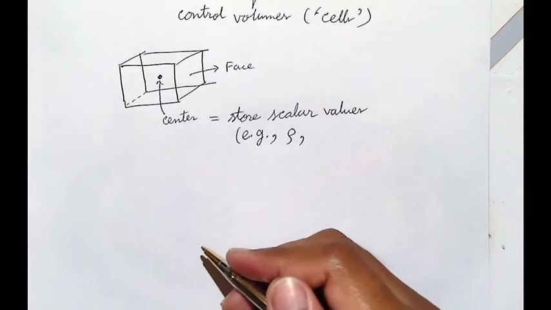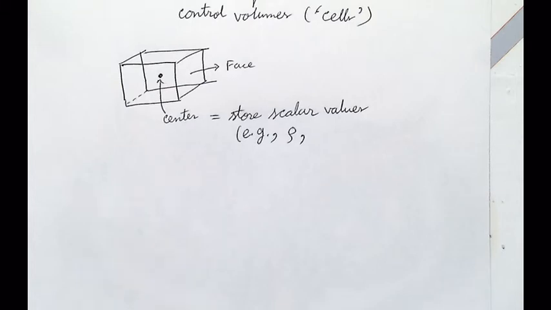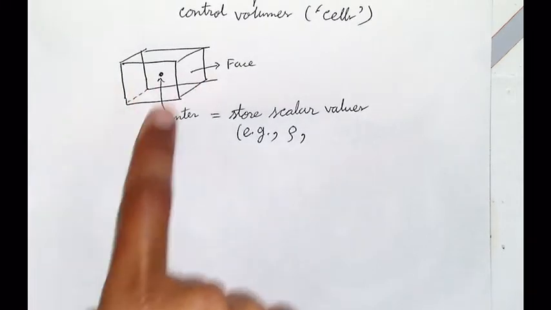Velocity? Velocity is not a scalar. Mass. Yeah, density, where you integrate over volume, gives you the mass. Location? X, Y, Z, you will need both X, Y, Z of the center and of the faces. Right?